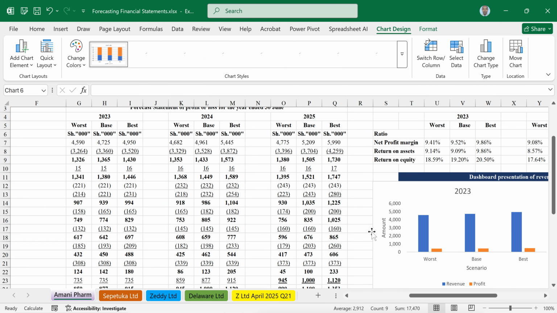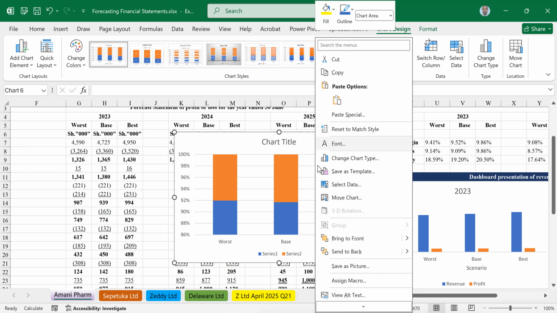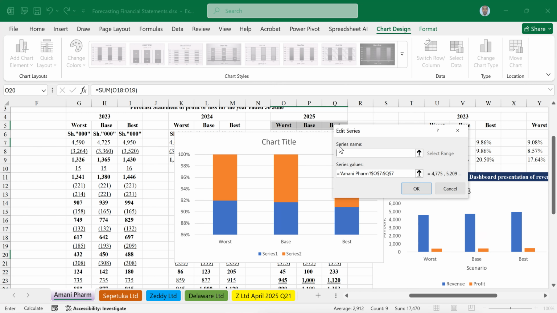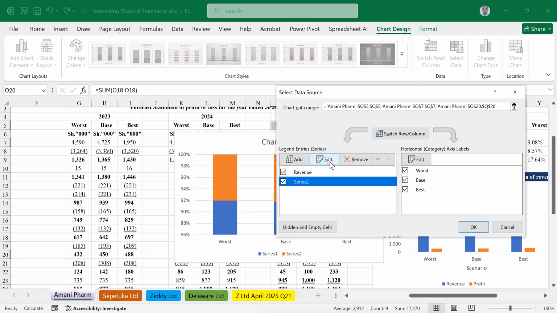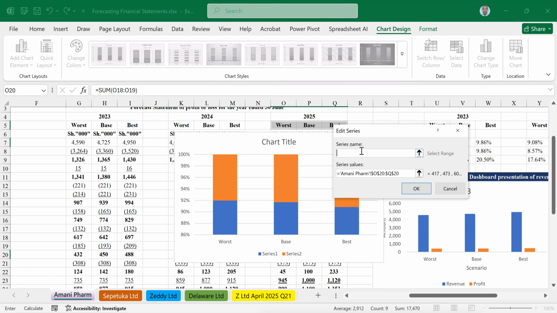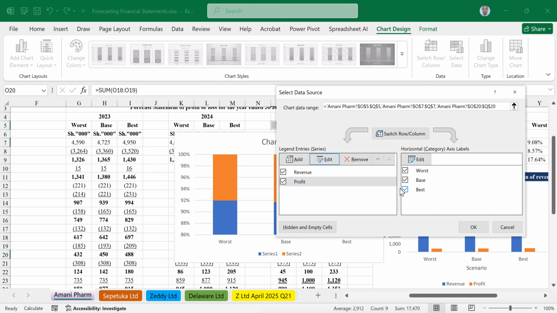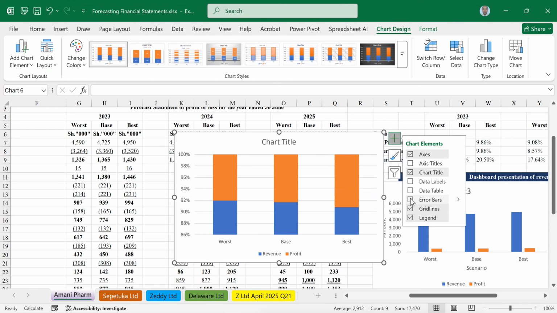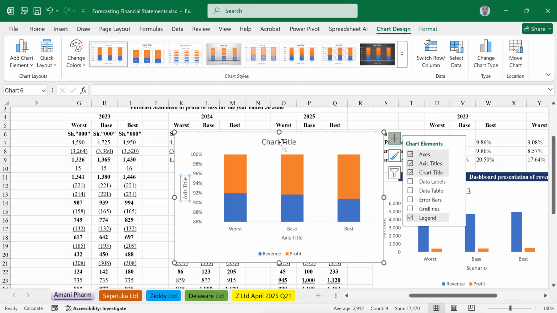Right click, select data, series 1, edit, this is revenue. Okay, series 2, edit, this is profit. Then okay. Okay again. Grid lines, axis, this is 2025.